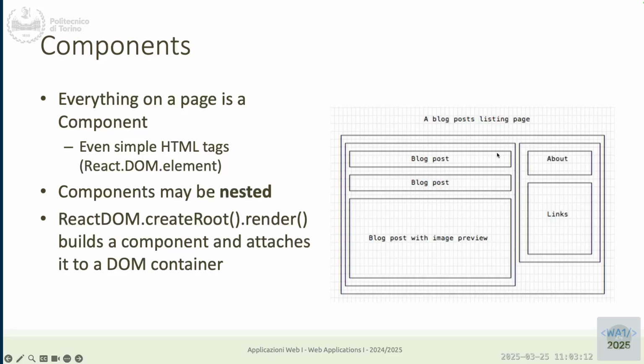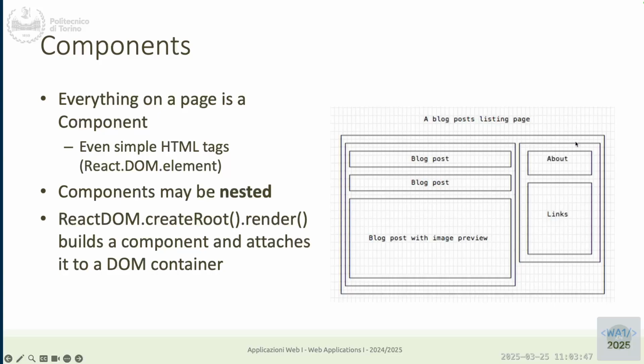For example, we have a blog post or blog post with image preview, so we have a container for all the posts. It could be a component, a blog list container, maybe, that nests inside three components of type blog. Maybe it's the same component that has an argument to say whether it should be expanded or not. And internally, maybe, of course, broken down into many other subcomponents and so on.